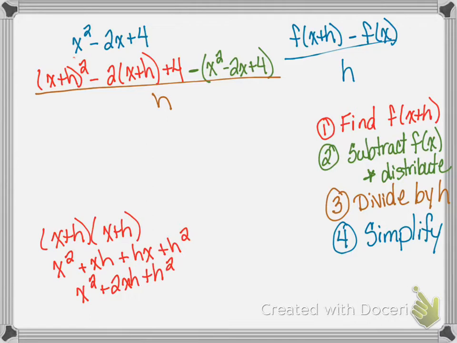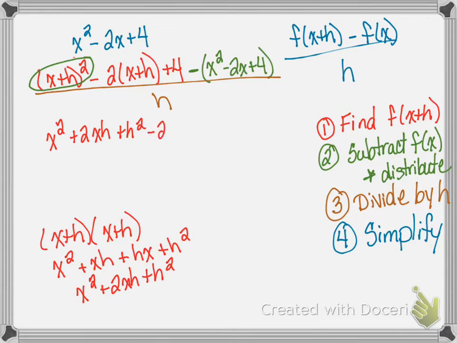Now all I've done, though, don't get too excited because I haven't done all of the red. The only part of the red that I've done is this right here. I still need to do the minus 2 times x plus h and the plus 4. So I'm going to distribute my negative 2 now.